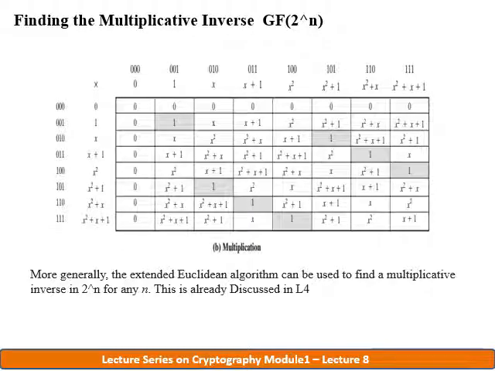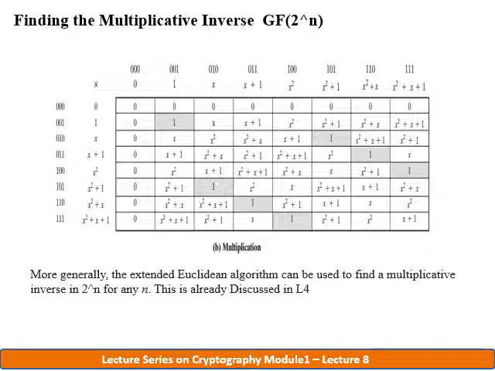For multiplication, how do we get the multiplicative inverse? The same way I mentioned for constructing this table here. Multiply these row polynomials with the column polynomials. The degree of the polynomial shoots up.